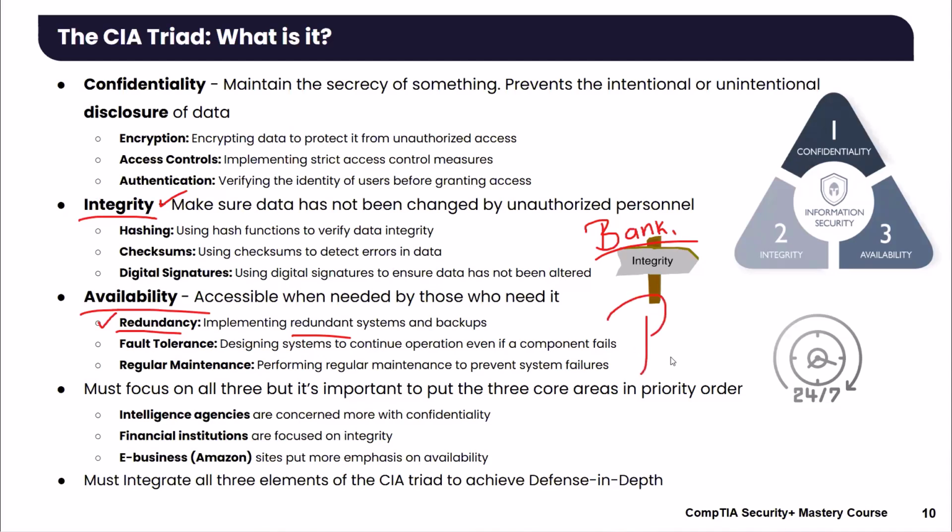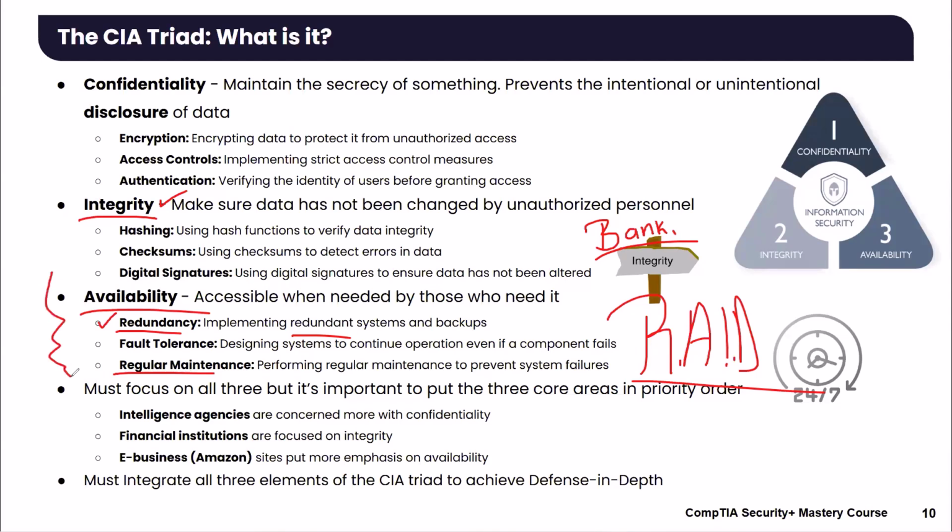I'm going to teach you things like RAID. Who has heard about RAID systems? Yeah, if you've done some IT work, RAID is absolutely right. Using multiple hard drives to increase the speed, but also have the redundancy that we're talking about. Regular maintenance is another way of doing exactly this.